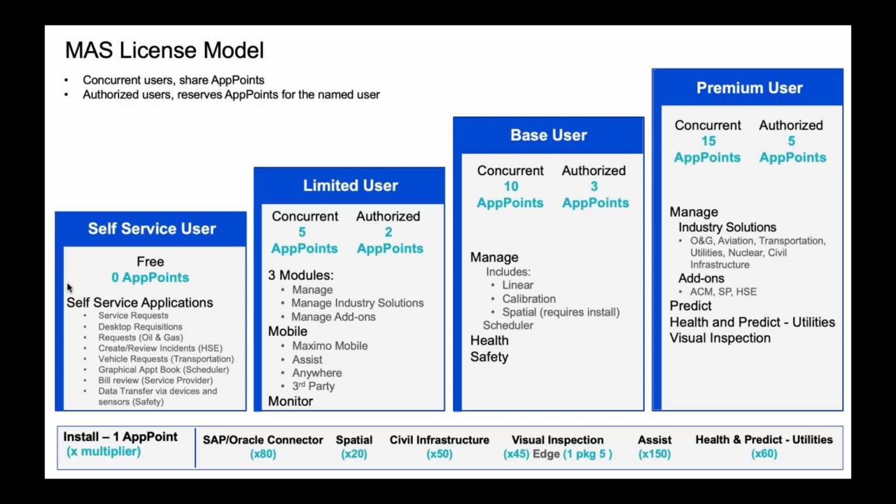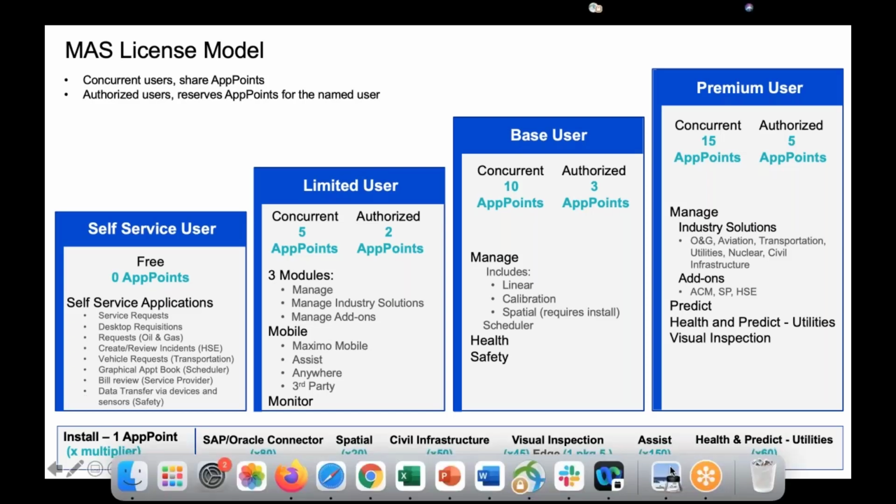And then we have our installs, like I was talking about, whether it's the ERP adapters or our spatial. Civil infrastructure does have an install along with visual inspections, and so does Assist and Health and Predict and utilities. So that is how our current licensing model will work in the application suite moving forward.